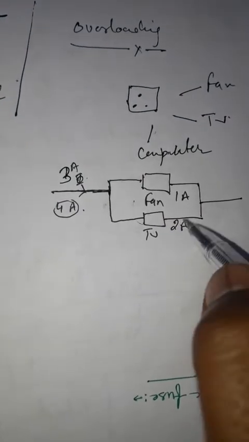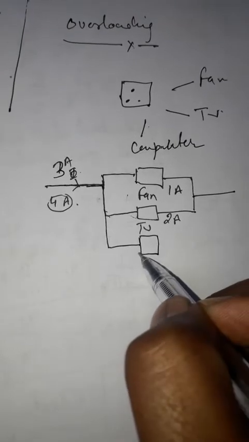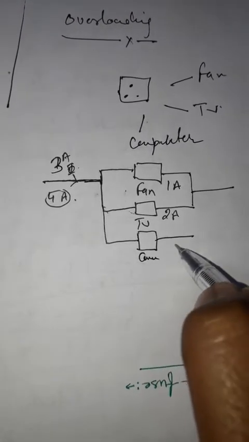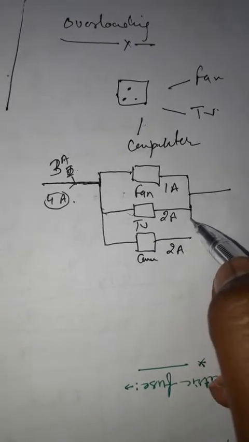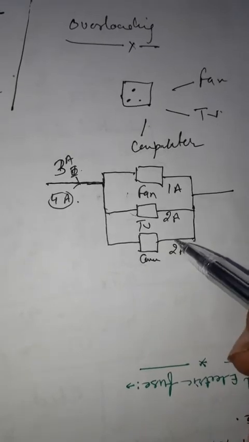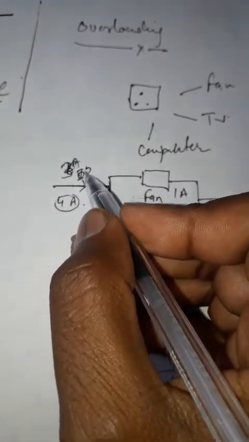But further, if we connect a computer here as a third device, with a current requirement of 2 ampere, then 1 plus 2 plus 2 is 5 ampere, so 5 ampere current starts flowing in this circuit.